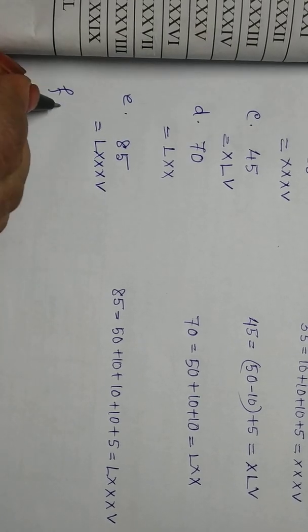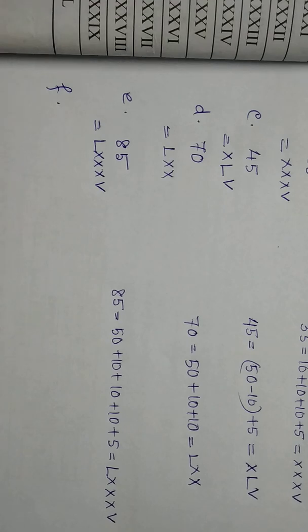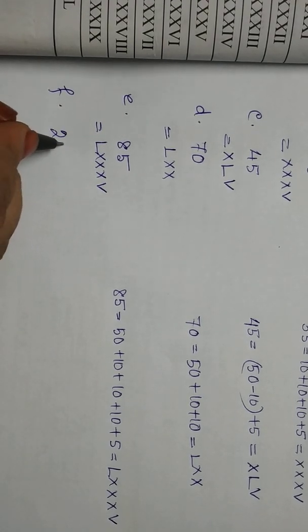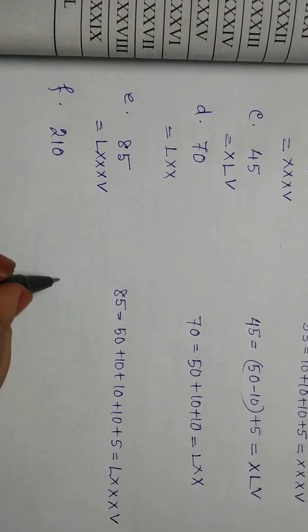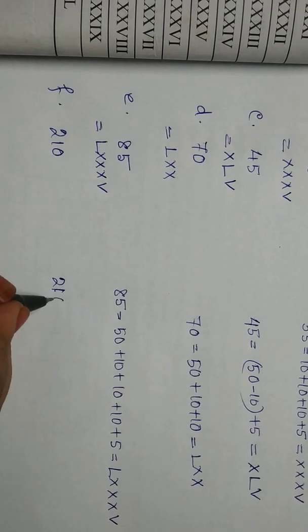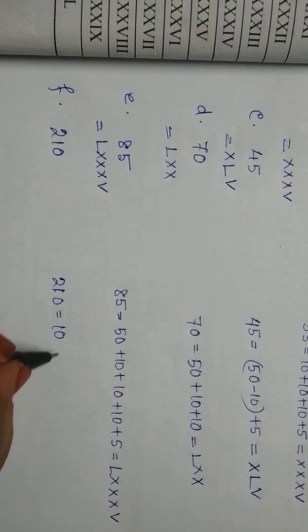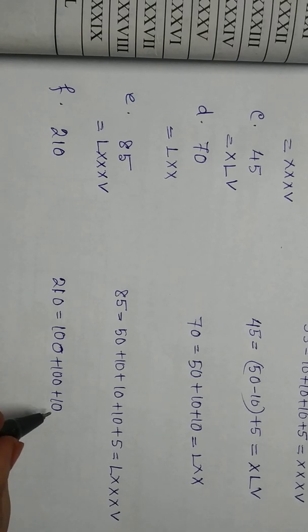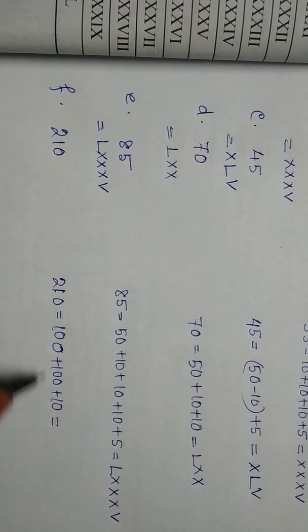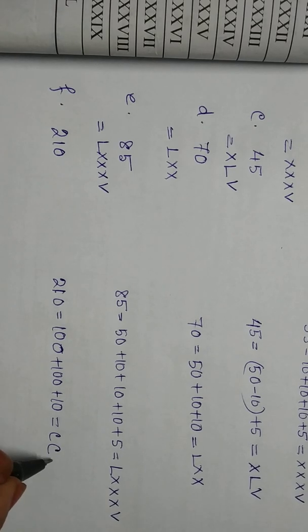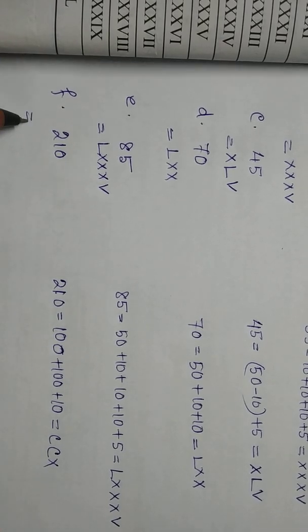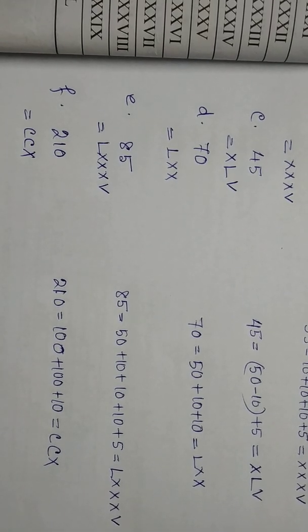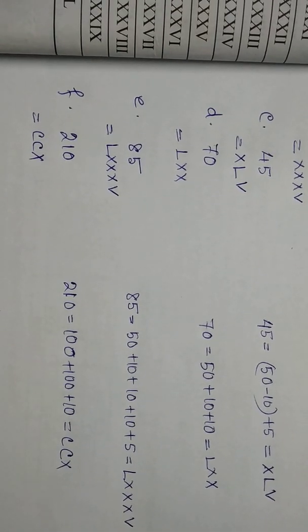Now F. F is 210. 210 we can write as 100 plus 100 plus 10. 100 means C. Therefore C, C, X. Do you understand?